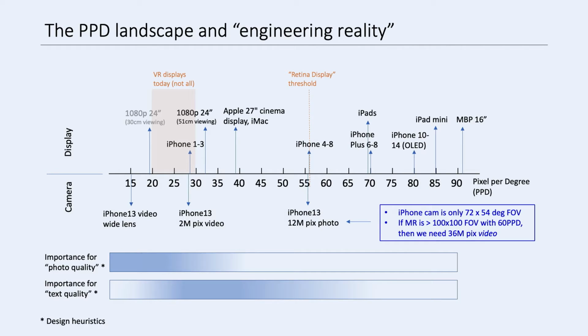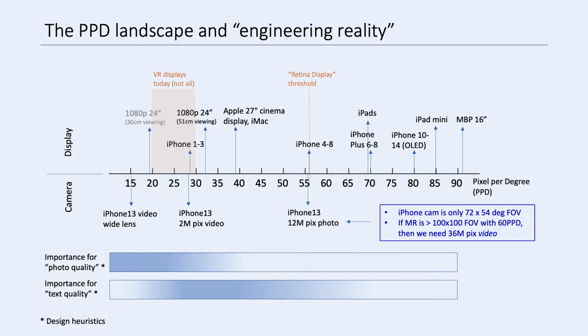We still use the display today. I mentioned the iPhone 1, 2, 3 is about 28 PPD, and I've been using Apple's 27-inch Cinema Display for the past 10 years, I would say, and it's not a Retina display, but sometimes you just need to enlarge the text. Retina display threshold, we typically say 56 ppd, corresponding to the iPhone 4 era.